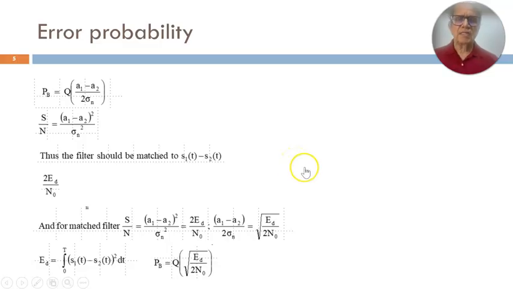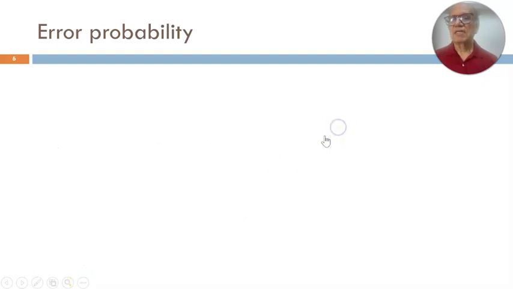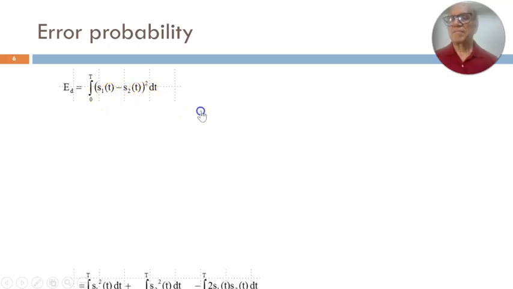Remember, we started by saying that we wanted to obtain the expression for the bit error probability in terms of S1(t) and S2(t), and that's what we are going to do now. So we have to substitute for ED from here. So let's first look at the ED itself. (S1(t) minus S2(t)) whole square dt. Let's expand this.